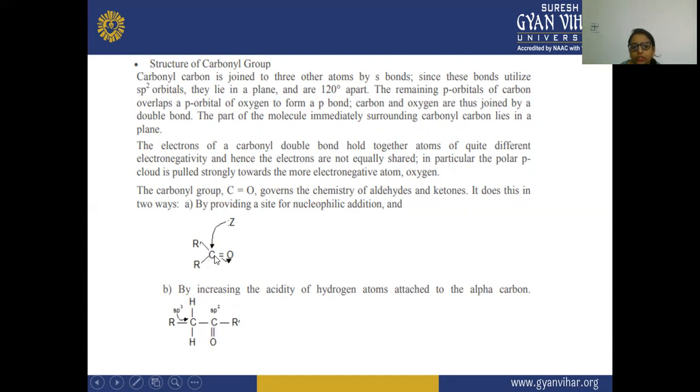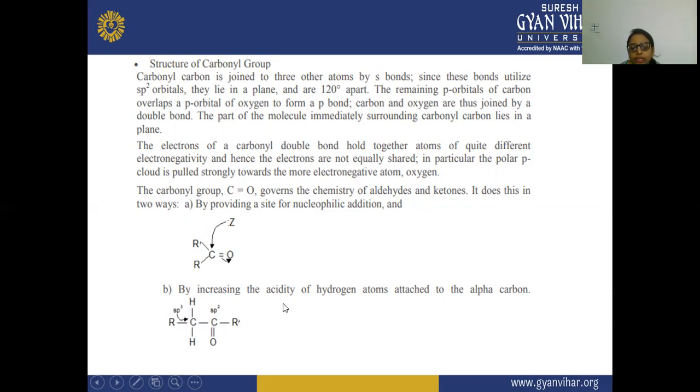Secondly, by increasing the acidity of the hydrogen atom attached to the alpha carbon. Here this is the sp2 carbonyl carbon, and this is the neighboring, adjacent sp3 carbon carrying the alpha hydrogen.